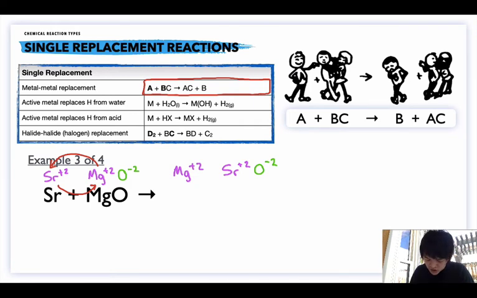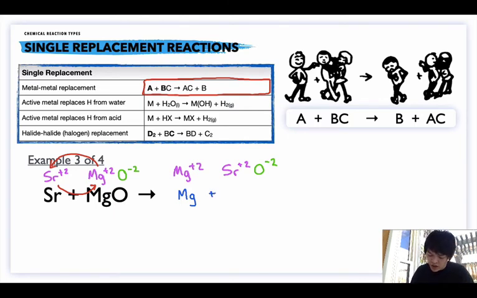But for magnesium, magnesium is just a pure metal, and it's not diatomic. Again, there's only 7 diatomic molecules, and there is a way you can remember them. It's have no fear of ice cold bear. Okay, and magnesium isn't one of them.